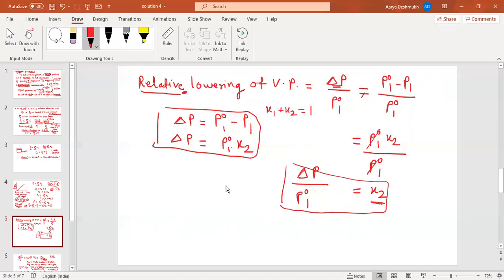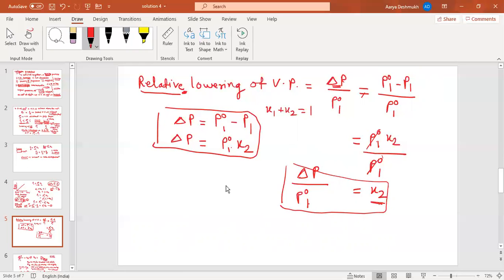We also know that delta P equals P naught 1 into X2. So you can write here, this will be equal to P naught 1 into X2 divided by P naught 1. It means that we have substituted delta P equal to P naught 1 into X2. So delta P upon P naught 1 is equal to X2 here.